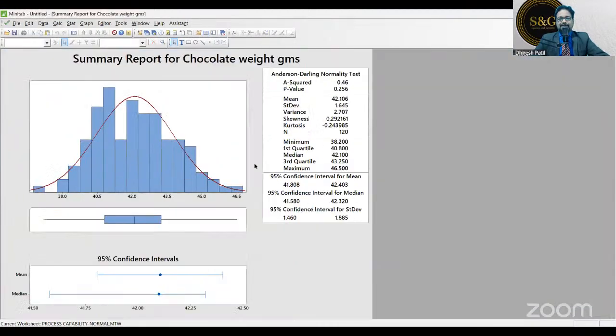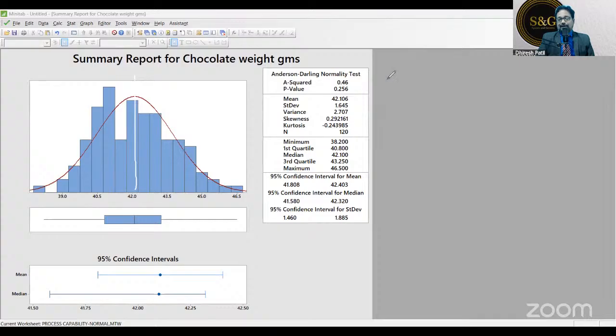So you will get all this statistical data. You will get the histogram. The histogram is showing a good normal distribution. But the statistical confirmation comes from the p-value. The histogram is a visual confirmation that this is indicating some kind of normal distribution behavior.